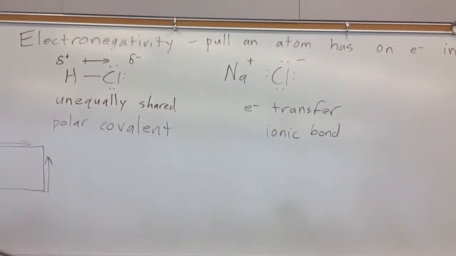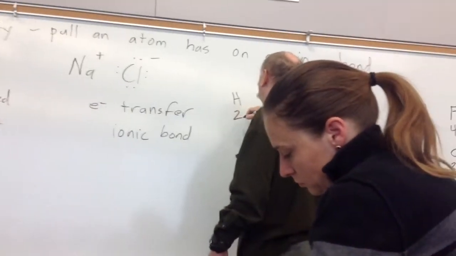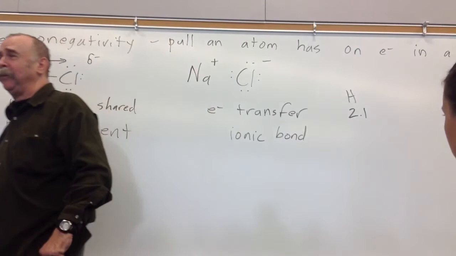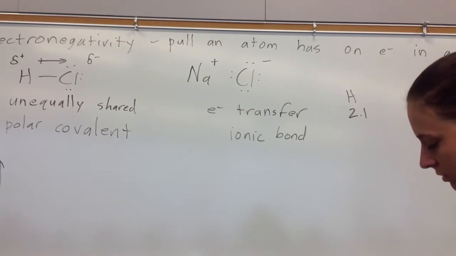These are probably the more common set of values. I went down to chlorine, 3.0. Hydrogen, 2.1. I bet you were hoping to have some numbers you needed to memorize. Oh. Those are pretty much the numbers you need to memorize.